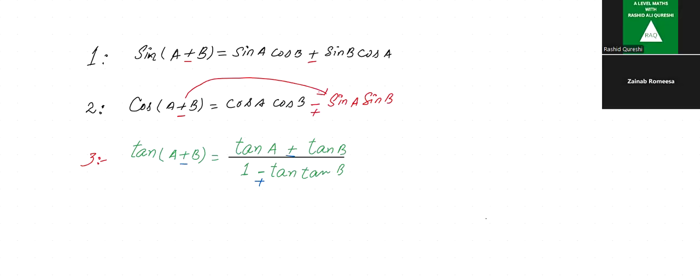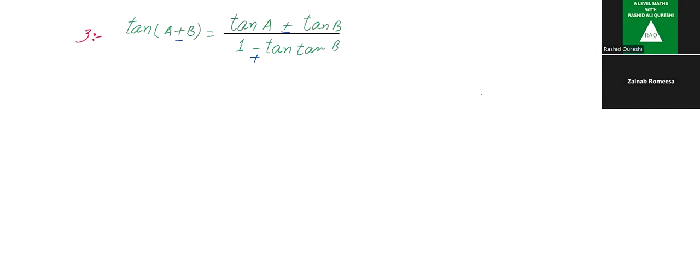Now I have the next topic. The topic is very simple in this case. After doing these formulas, which are already given in the formula sheet, our next topic is something we have already done in AS level.